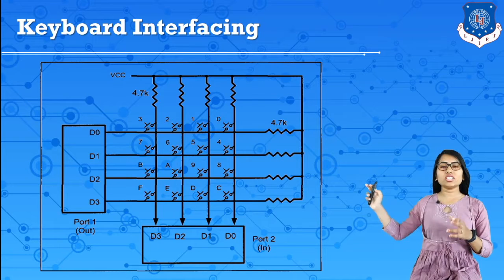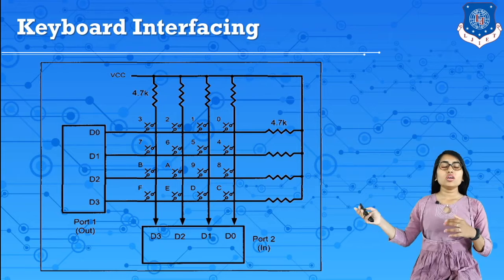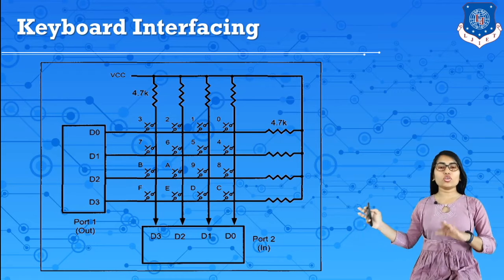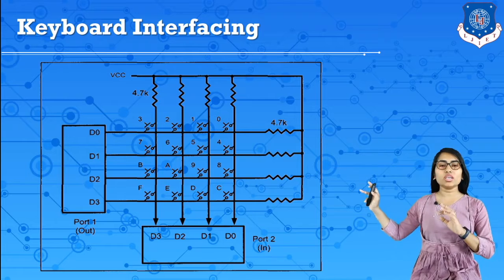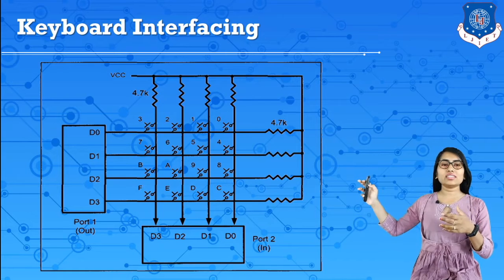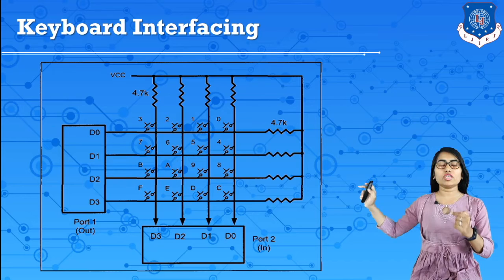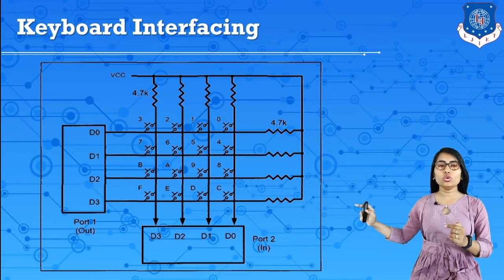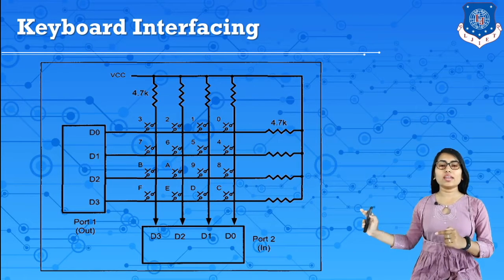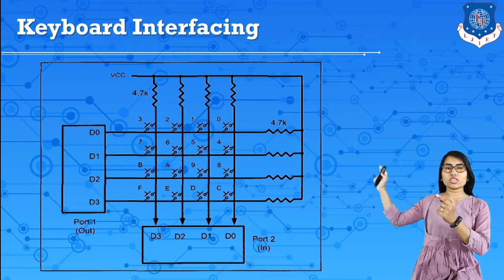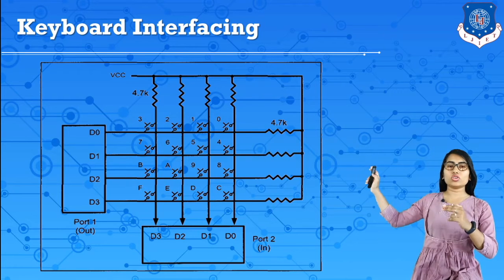So D0, D1, D2, D3 can be 0 or 1, and according to that any of the lines can be connected. Like this, if D0 equals 1 and D1, D2, D3 are 0, and on the column also D0 is 1 and the other bits are 0, that means 0 is selected.